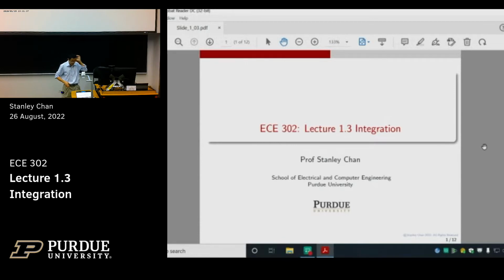I have some IT issues here because this new document camera is not very happy with the station here, so there's no signal going into this Kaltura recording, and it took me a while to figure that out.